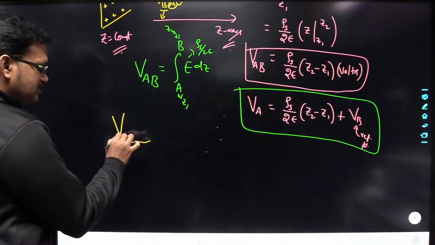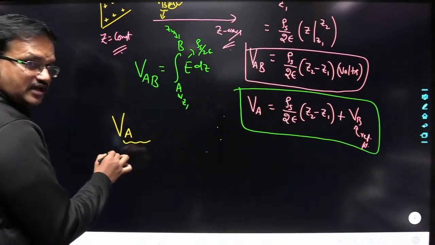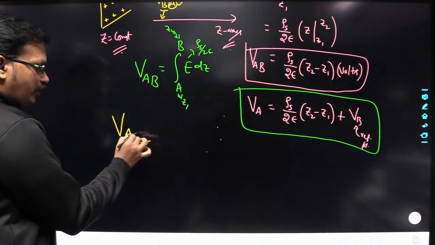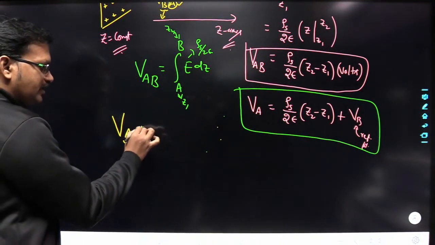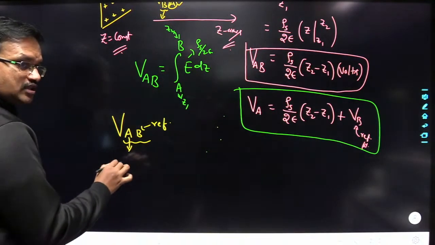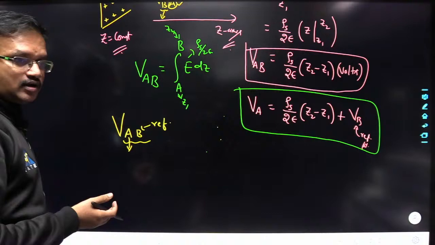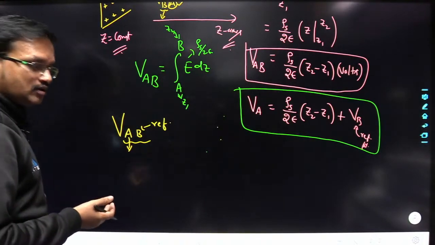The potential at some point with respect to reference. So the second one is the reference point, and the first one is the point at which you want to determine the potential. This is how you are writing, yes or no? Okay.